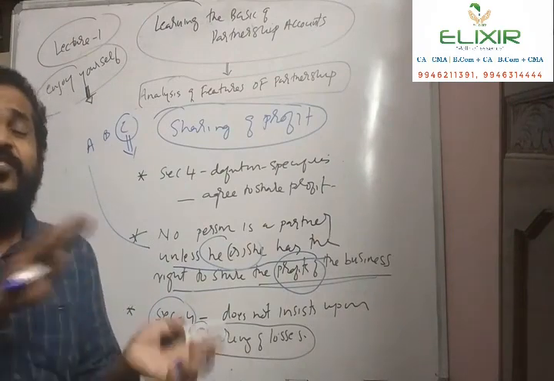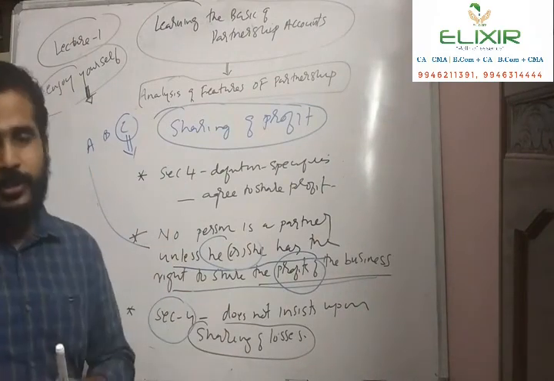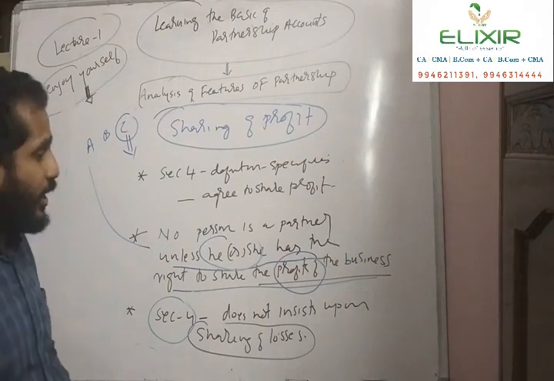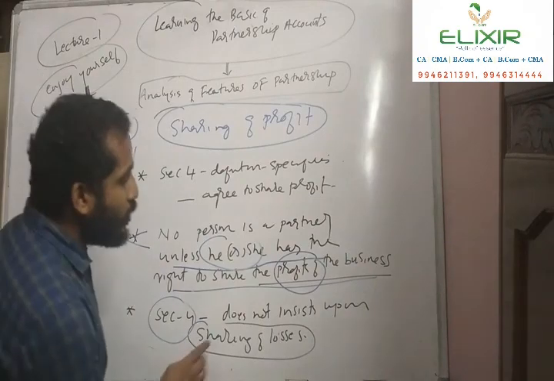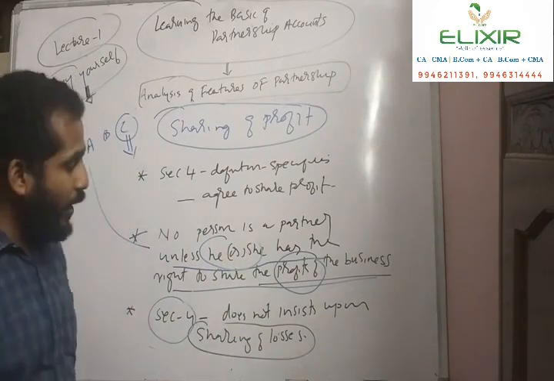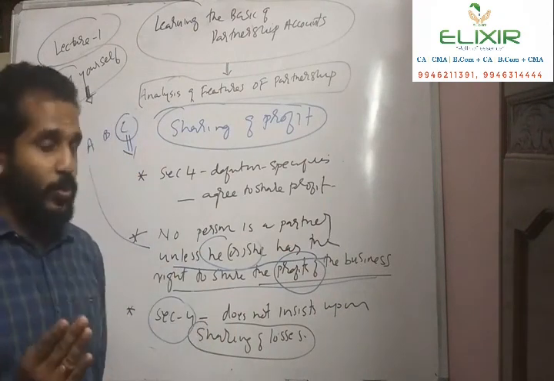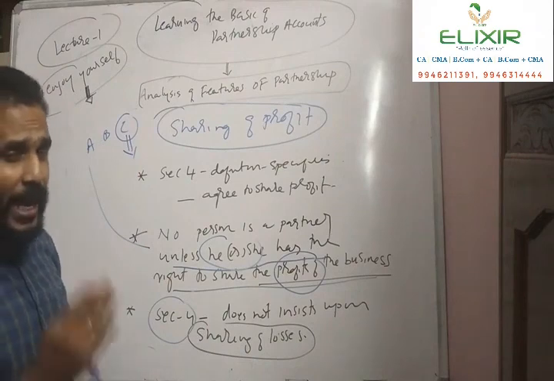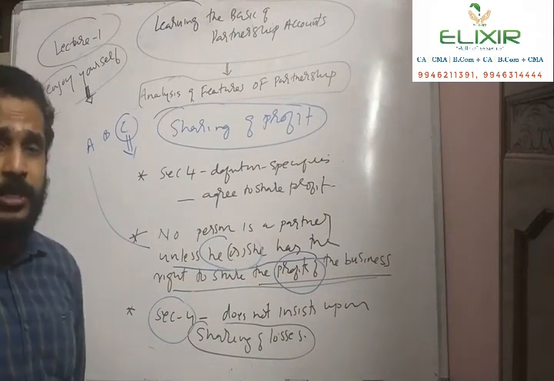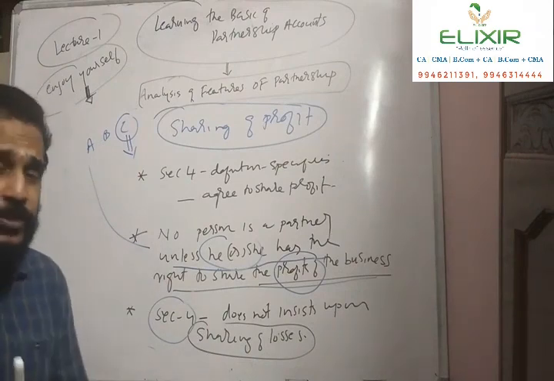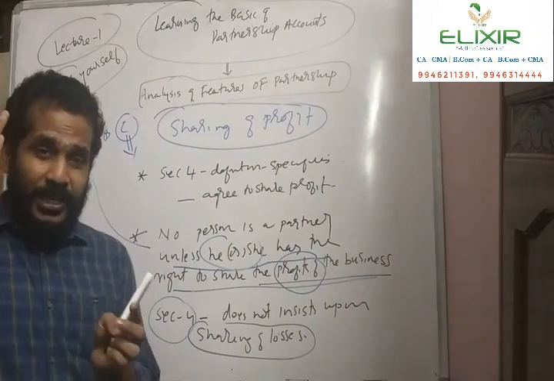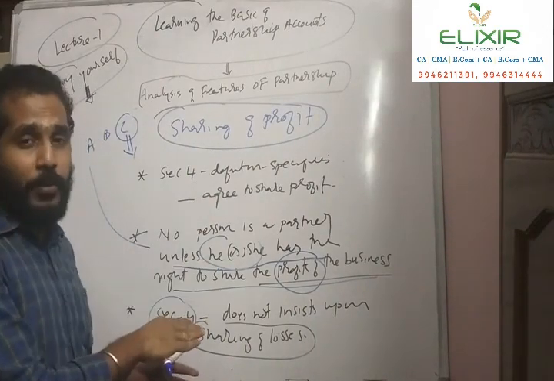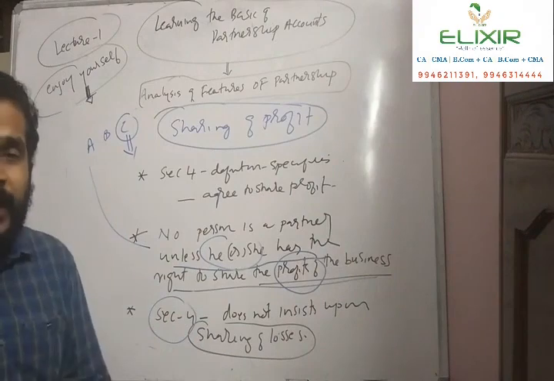But the definition never speaks about the loss part. Okay, but it is an implied condition that if the partners are entitled to share the profit, they are obliged to share the losses as well. So, speaking on the sharing of profit concept, as per Section 4, the partners must agree to share the profits of the business, and if he is not entitled to share the profit of the business, he cannot be treated as partner.